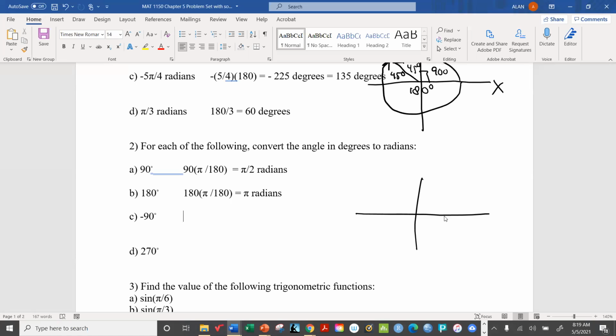Negative 90 means you're going clockwise 90. So going this way to come to the same point means you're going 270, because this is 180 and this is 90. So the total here is 270. So let's convert this to 270 and multiply that by pi over 180.